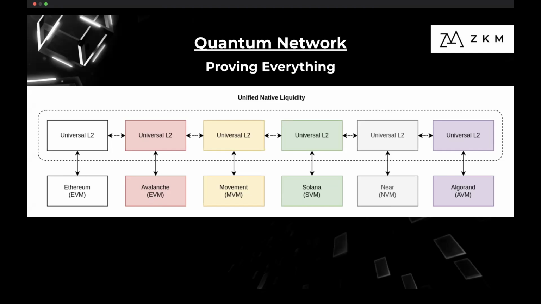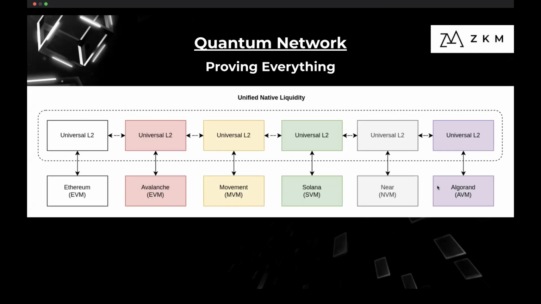So entangled rollups, the quantum network, this doesn't depend on any external third-party validator. It has the capabilities of cross-chain bridging without having to implement the architecture of an actual bridge. And this network can also enable unified native liquidity across these incompatible chains.